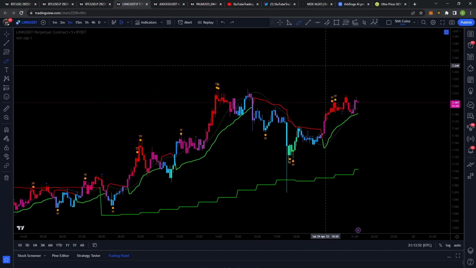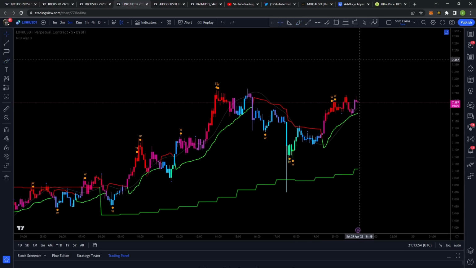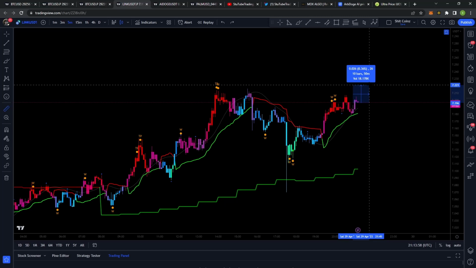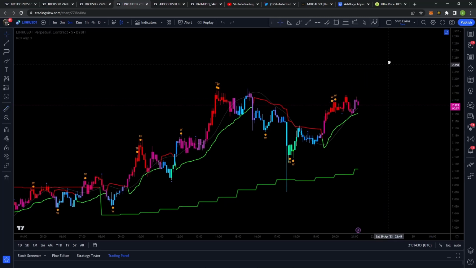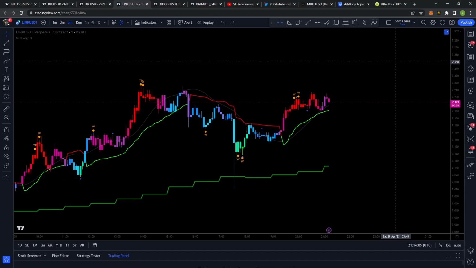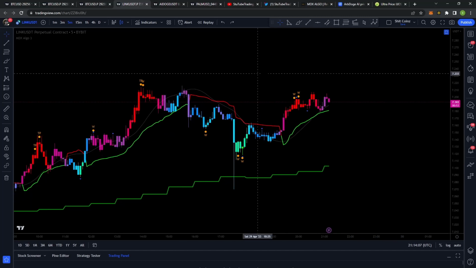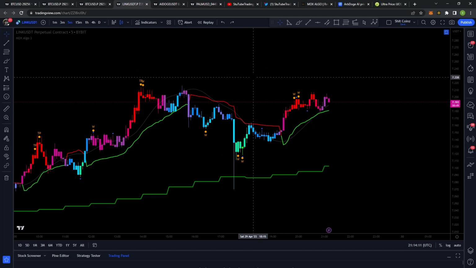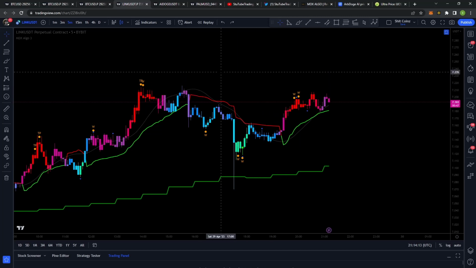Fairly tight stop there. I'm very interested to watch that strategy over the next week or two, just to see how often I see it playing out that way, because man, that would be a simple strategy.